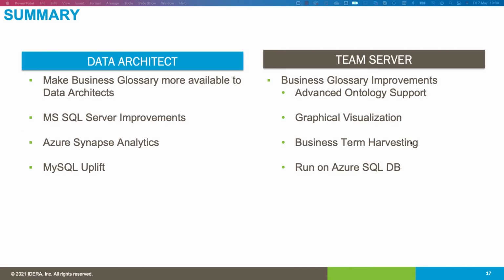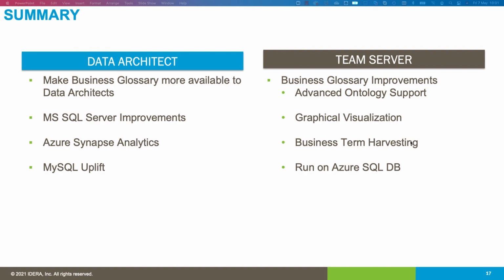Okay, so to summarize, we've made a lot of improvements to both Team Server and Data Architect. This release has been mainly around our ongoing mission to connect data architecture teams with data governance teams. So we've done a lot of work on the business glossary. We've extended the meta model so we can now model advanced ontologies with taxonomies in there.